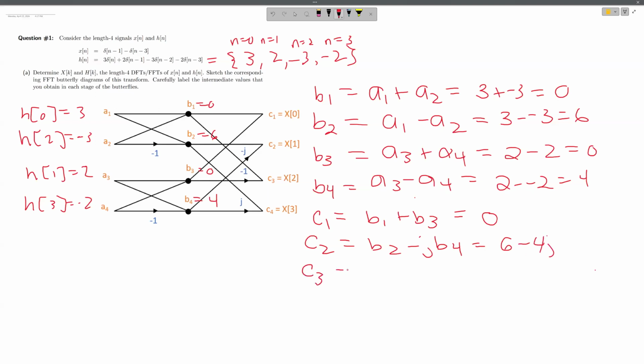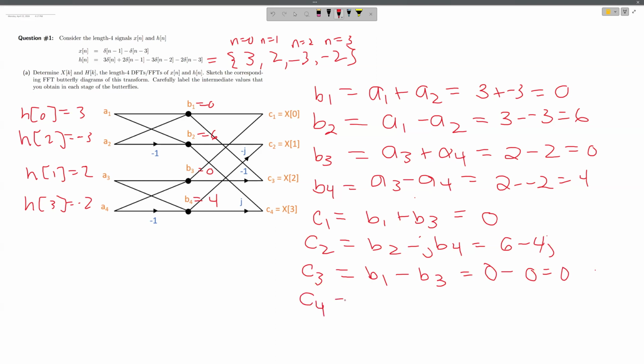C3 equals, this is my hardest one to read, B1 minus B3. I think this -1 is actually up on this line. And that would be equal to 0 minus 0 equals 0.